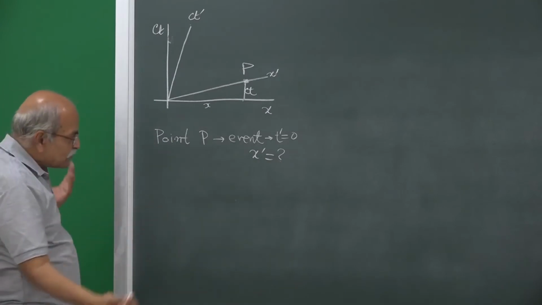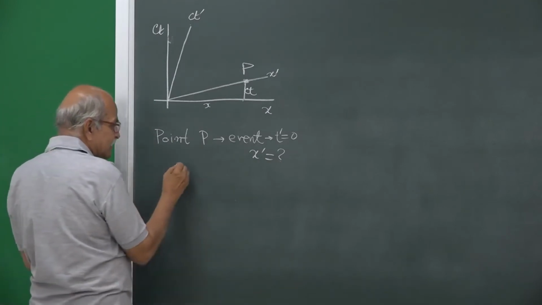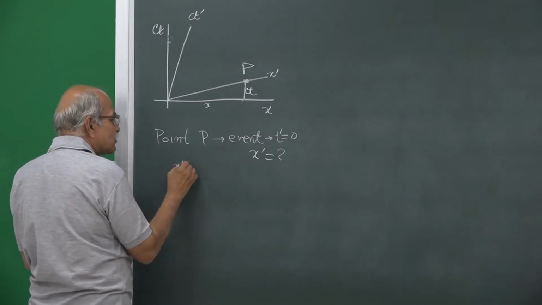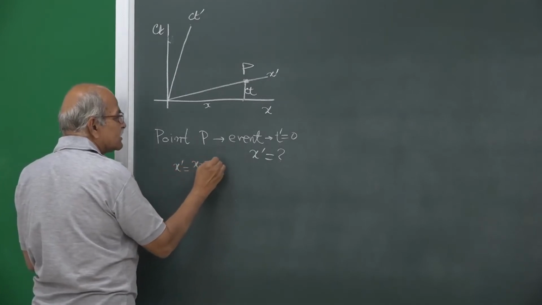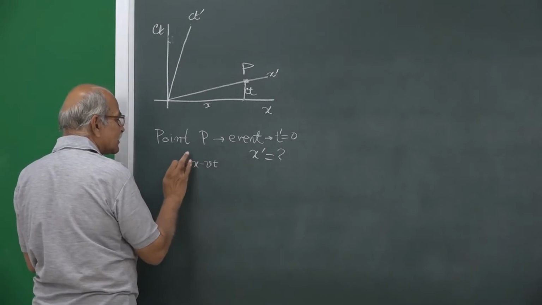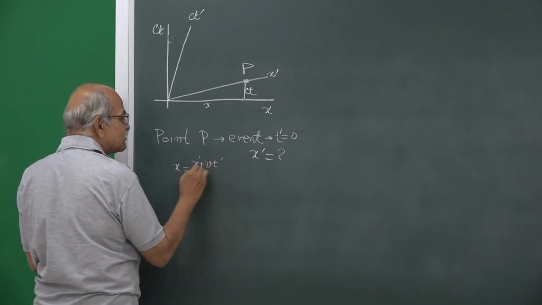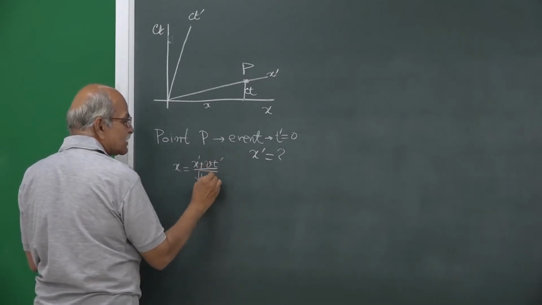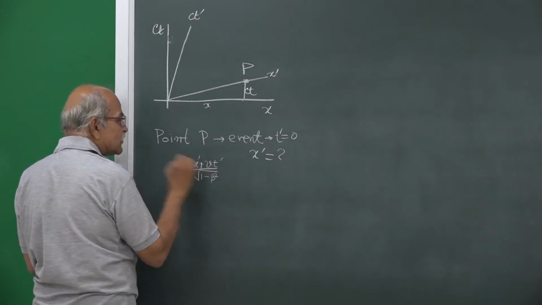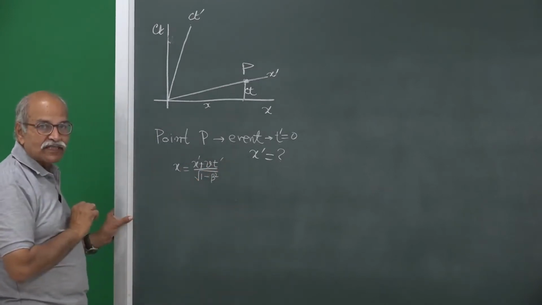Now, the Lorentz transformation I can always use. x prime should be equal to x minus Vt, and x is equal to x prime plus Vt prime, divided by square root of 1 minus beta square, where beta is V by C. That is my Lorentz transformation.